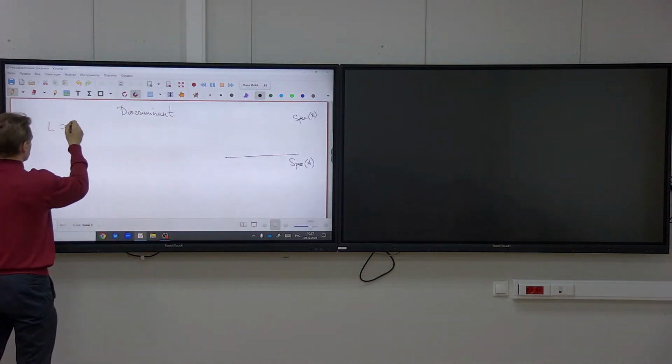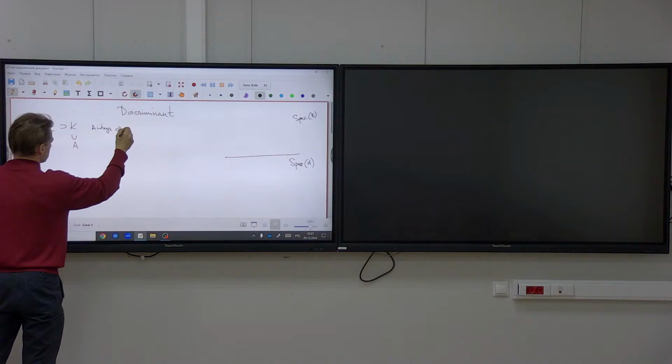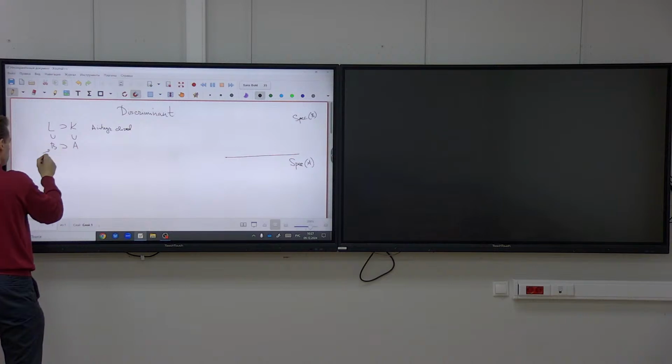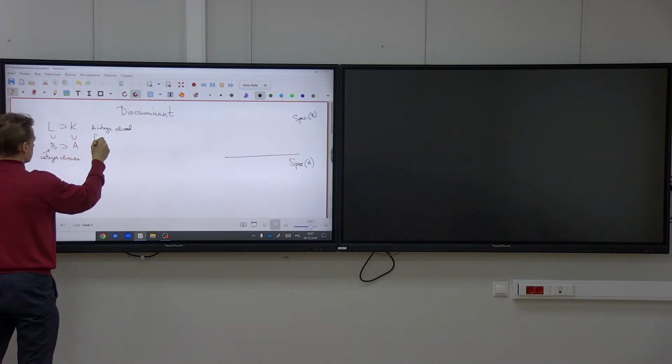And you have A, which is integrally closed in its fraction field, and you have B here, which is the integral closure of A in L, and the degree of L over K is finite, yeah?